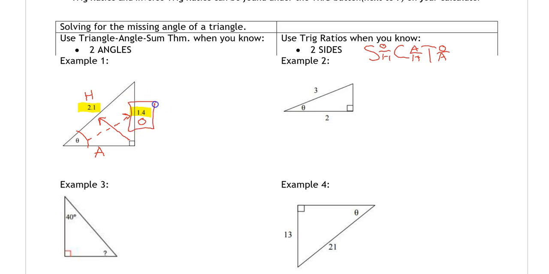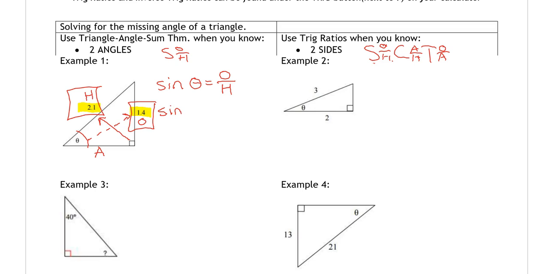Well, I have a number at O, and I have a number at H. So the only one that uses O and H is sine, the SO part of SOHCAHTOA. So setting up my trig equation, sine of theta equals opposite over hypotenuse.